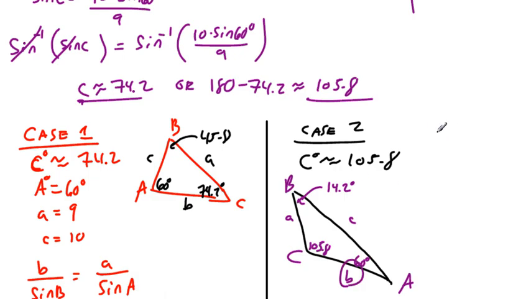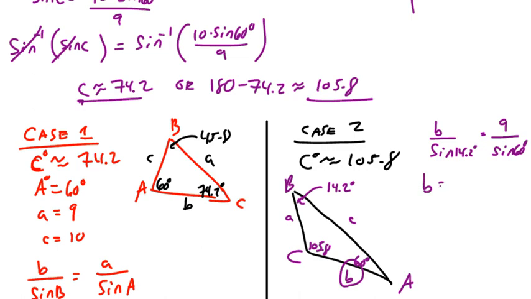All right, so we're going to do b over sine of 14.2 degrees equals, and again, we want to use the precise one, so I'm going to use my 60 and my A. So 9 over sine of 60 degrees. So I'm going to do it all in one big move again.